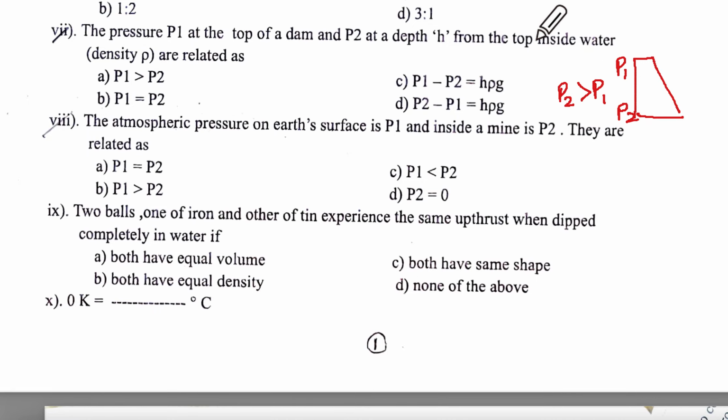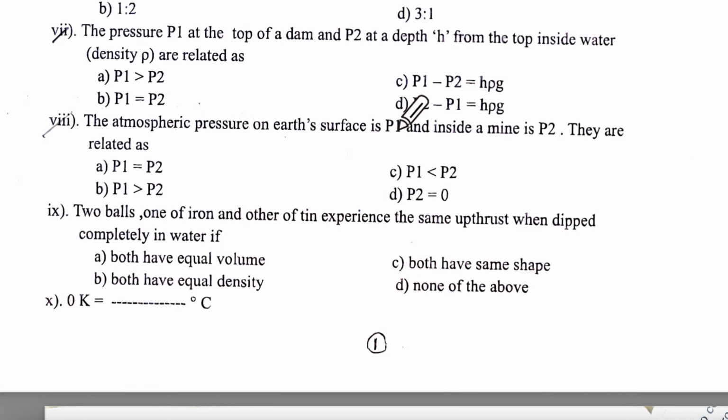So how are they related? P2 minus P1 will be equal to H rho g. Which option? Option D. We come to the 8th one.